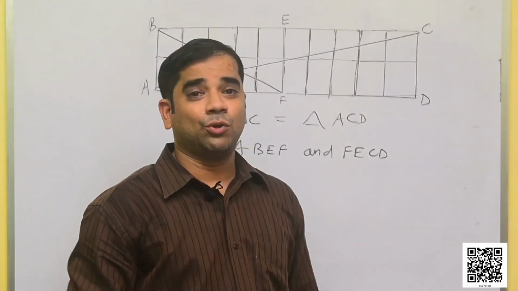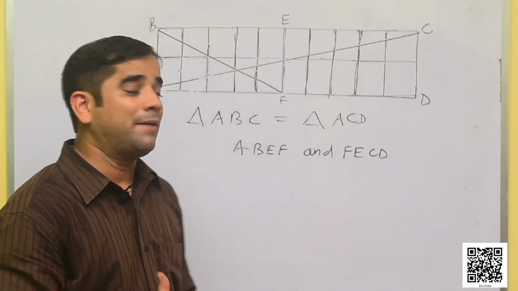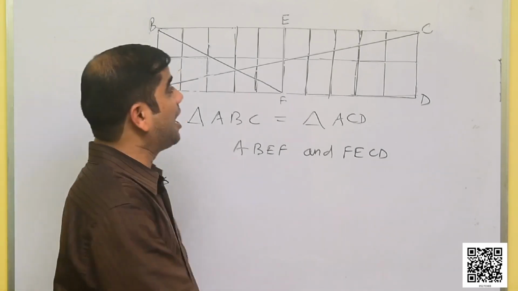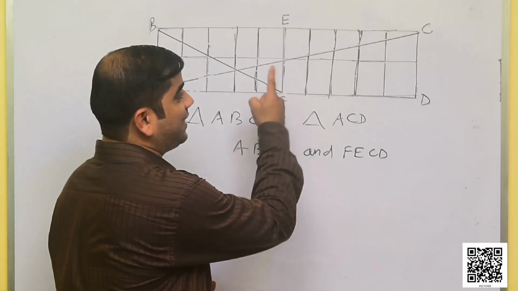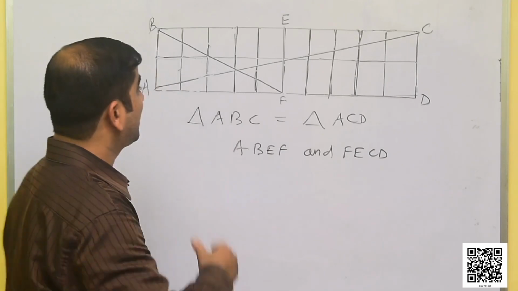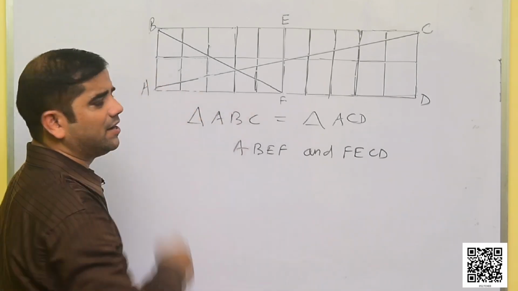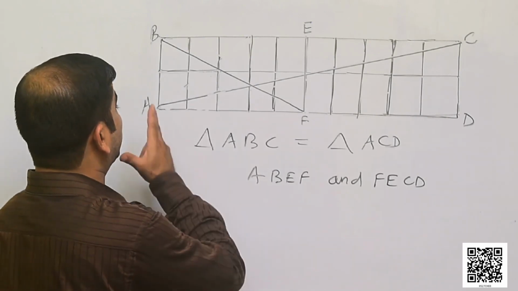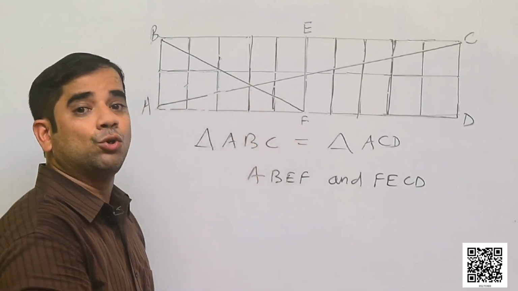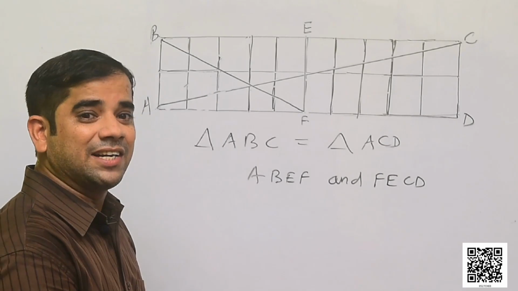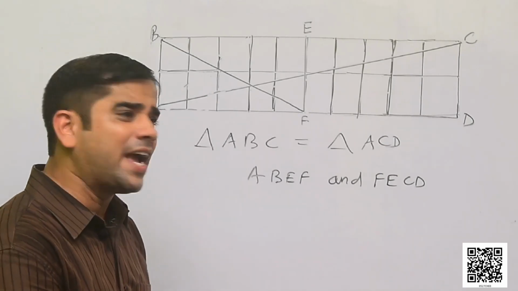Got it? So let us complete the task by finding the area of the rectangle FECD and the equal triangles ABF and BFE. Previously, we divided the rectangle ABCD into two equal rectangles having 10 square centimeter of area.